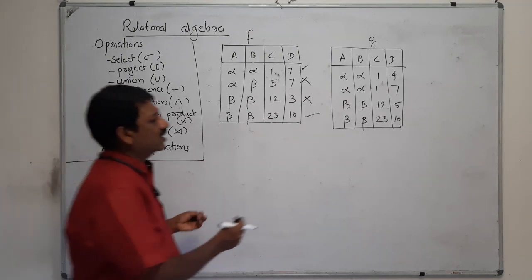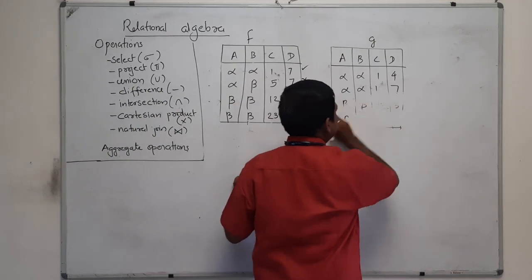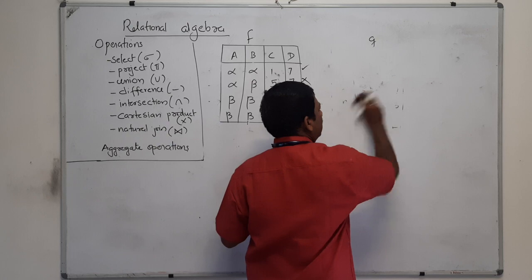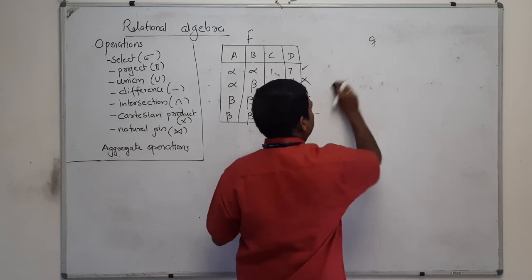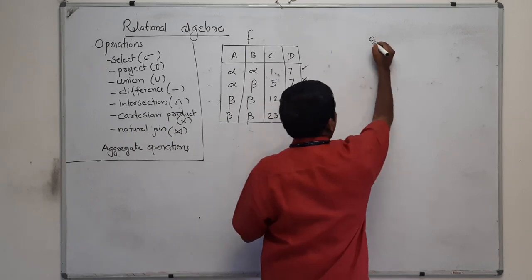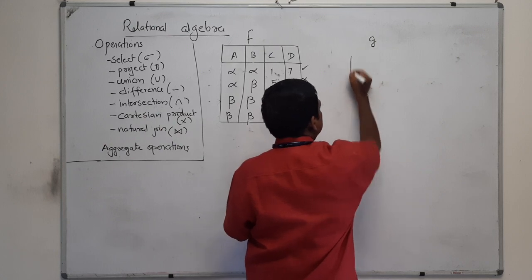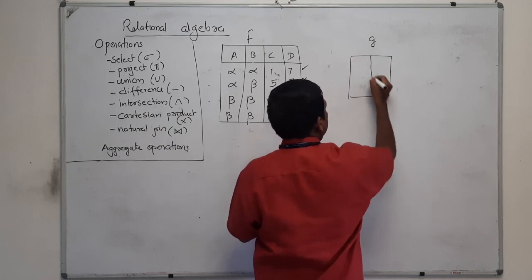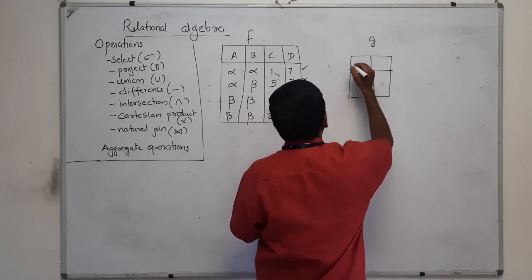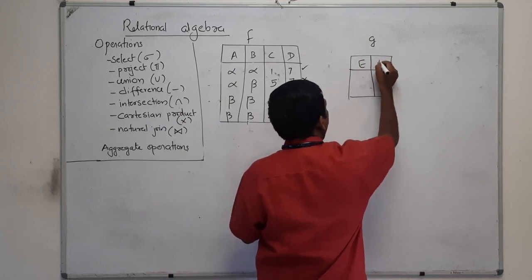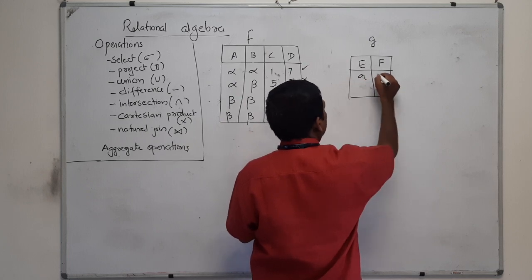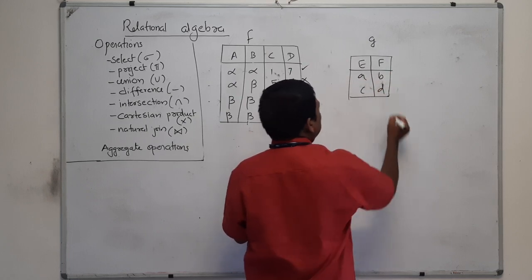Now Cartesian product, as you know, suppose that I'm going to have a new relation G. G is going to have E, F, and now here it is A, B, C, D.